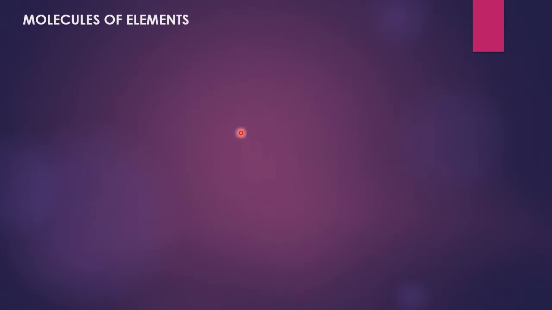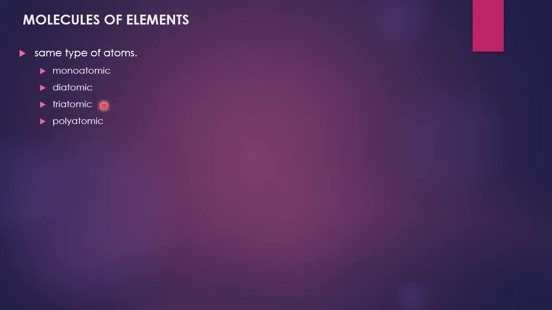Molecules of elements. Molecules of elements we can see in the form of monoatomic, diatomic, triatomic and polyatomic. What are these? Actually, molecules of many elements such as argon, helium, they are made up of only one atom.